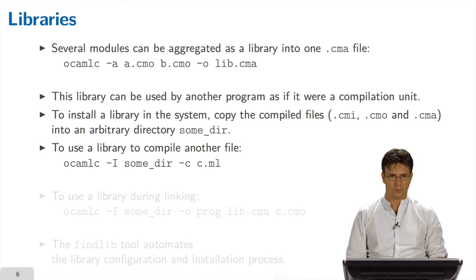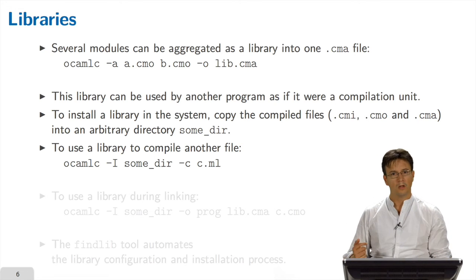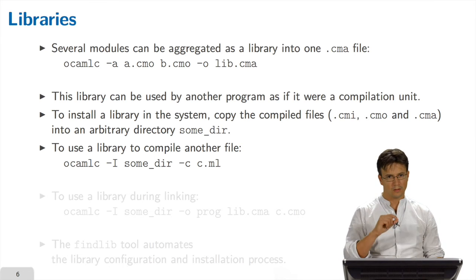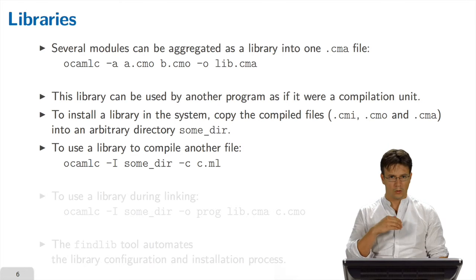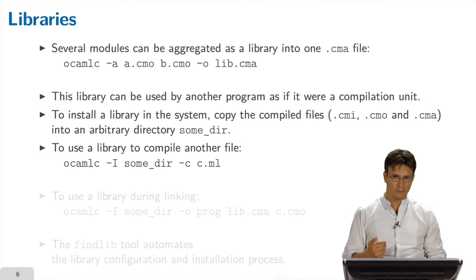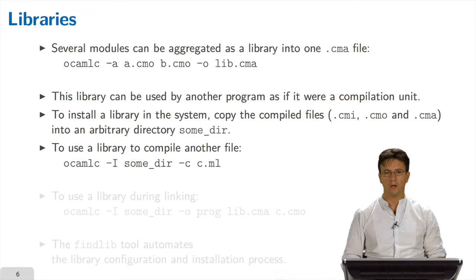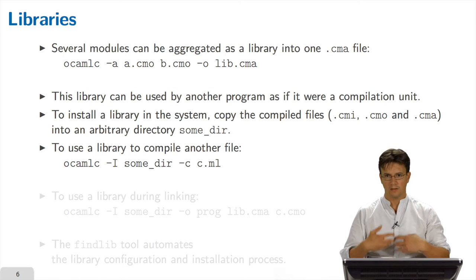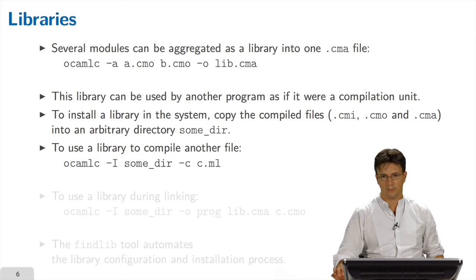After that, if you want to be able to use the library to compile another program, you just use the option -I followed by the name of the directory in which the library is installed, and you will get all the exported values and modules that are available in the library.